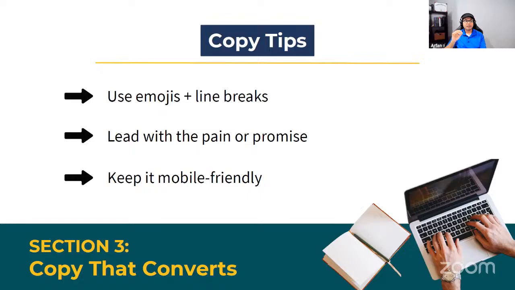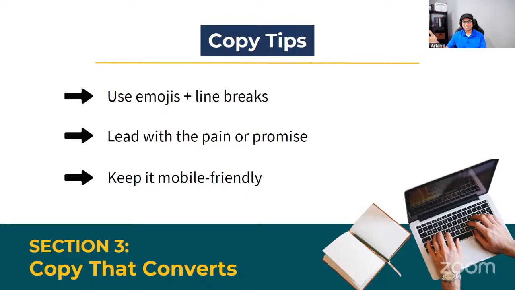Okay, we want to keep it mobile friendly. And what I mean by that, mobile friendly, is that your copy, people on mobile will skim even more. Okay, so if you have a super long copy, they're going to read the first line, start reading, and then they're just going to scroll past it. So you want to keep that idea in mind, where it's maybe 250 words. We start going into 500 words plus, that's when it can get pretty, pretty long. And this is great for some niches, like especially in life coaching and stuff like that.